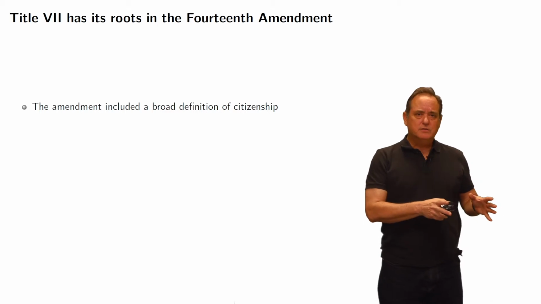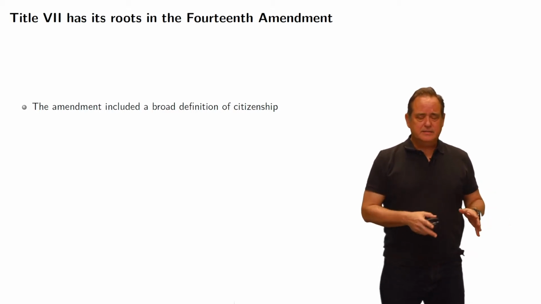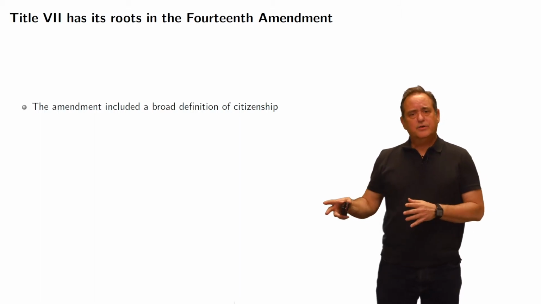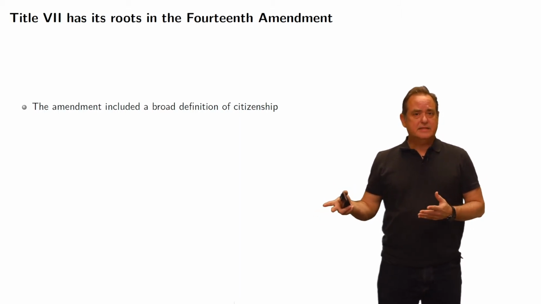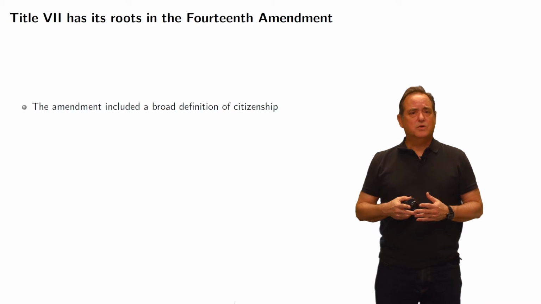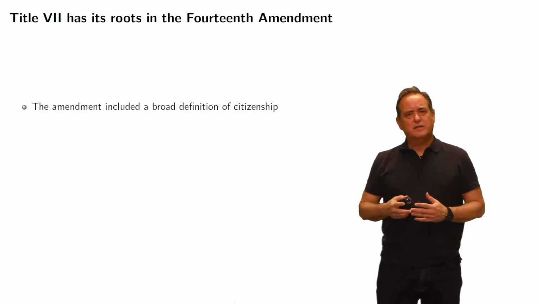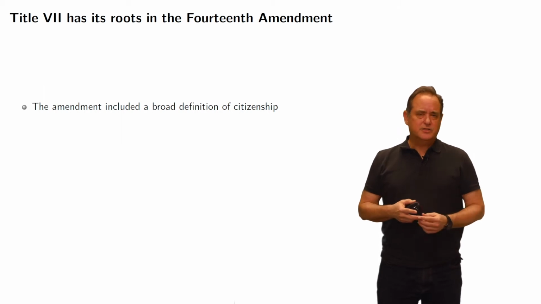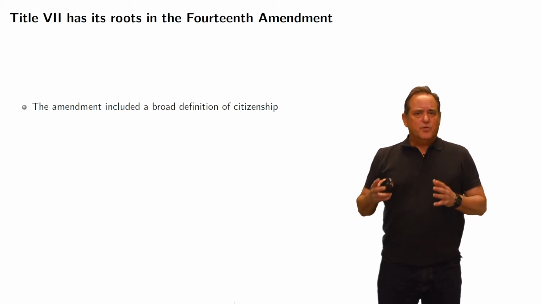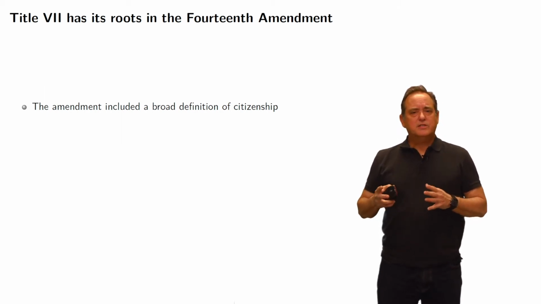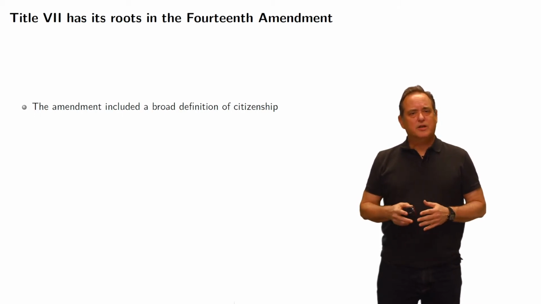The first, from the time of the Constitution in 1787 through 1866, the end of the Civil War, and the passage of the 14th Amendment. The 14th Amendment changed the Constitution. The 14th Amendment, for the first time, provided for equal protection under the law.